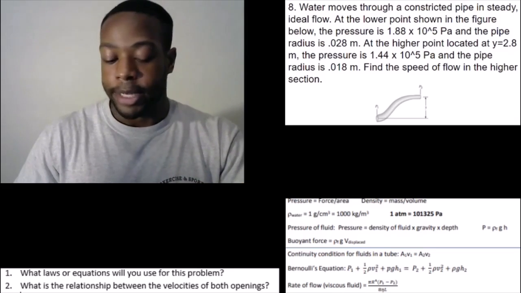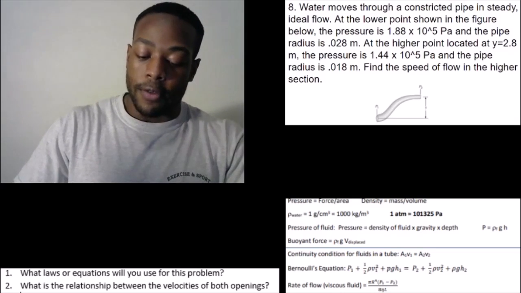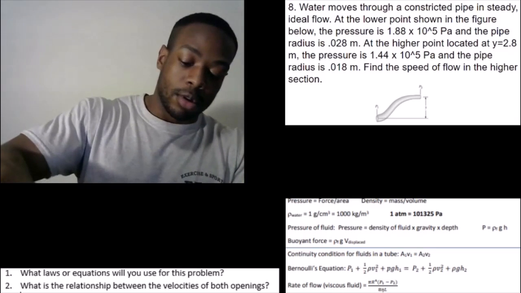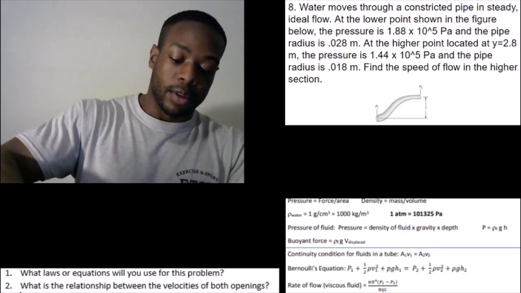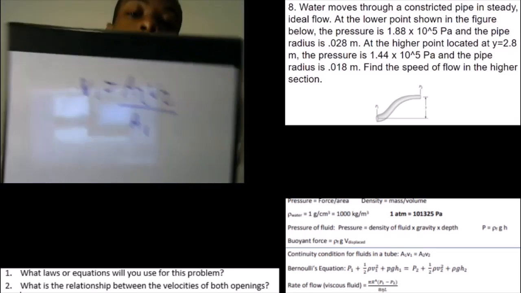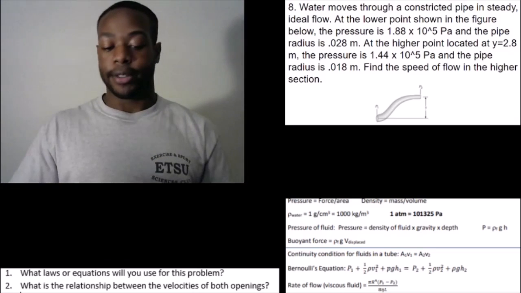So A2 over A1 times V2 should give you velocity 1. Let's clarify that. So here's that. Just moved area 1 to the side by dividing.